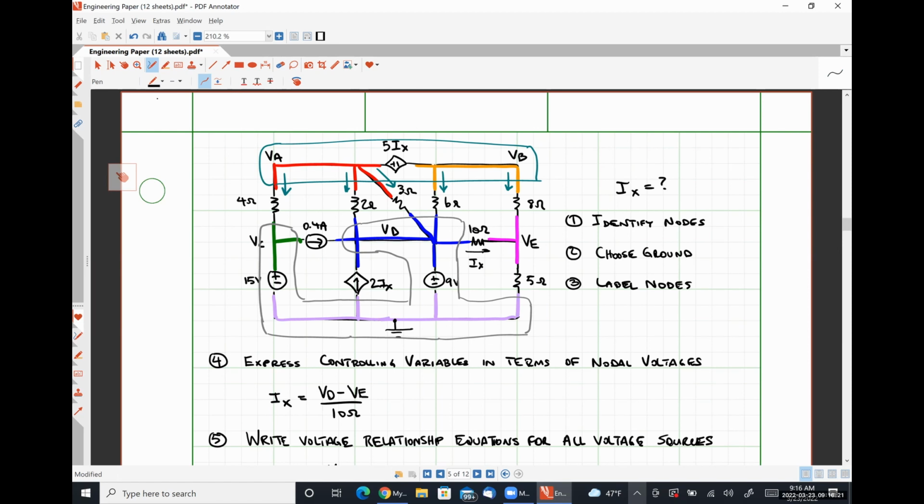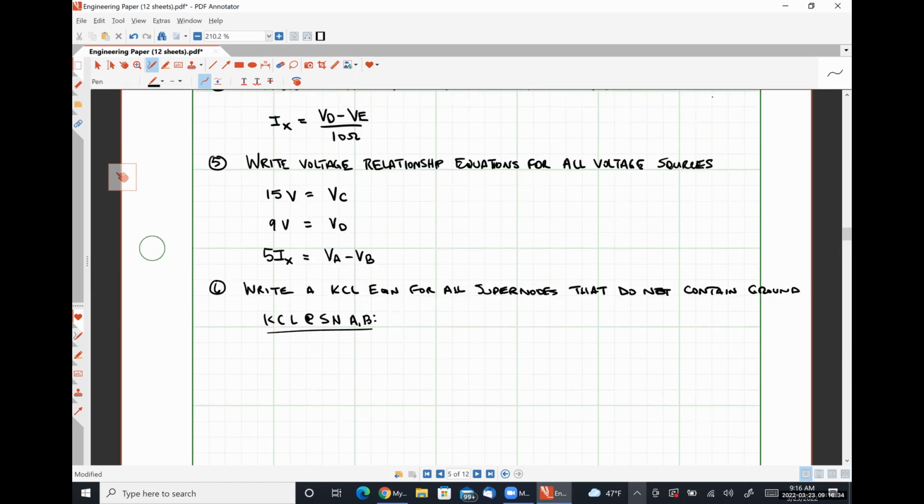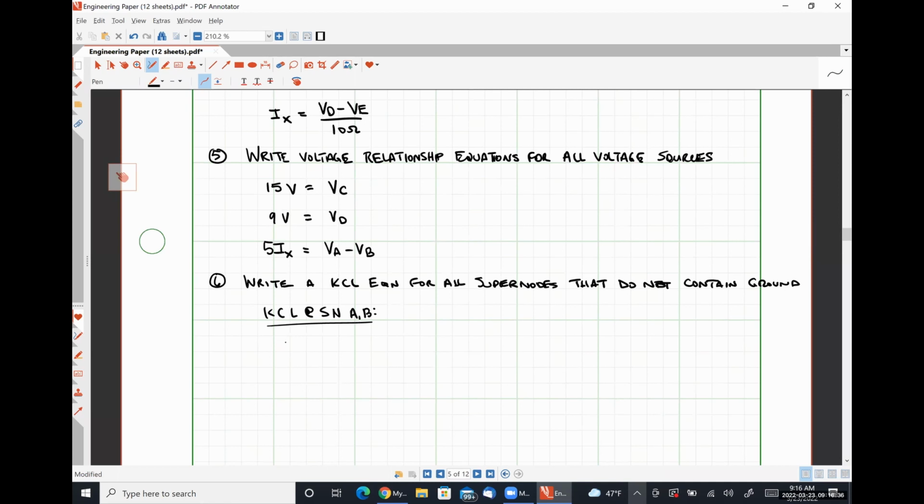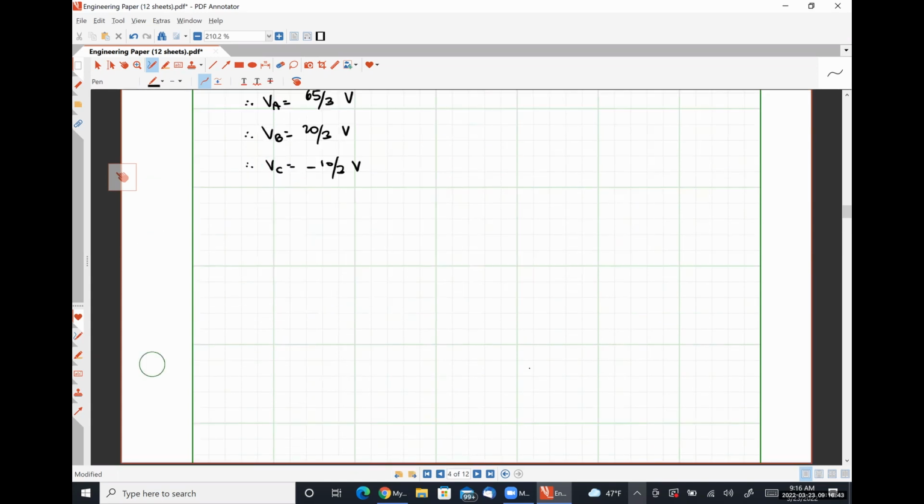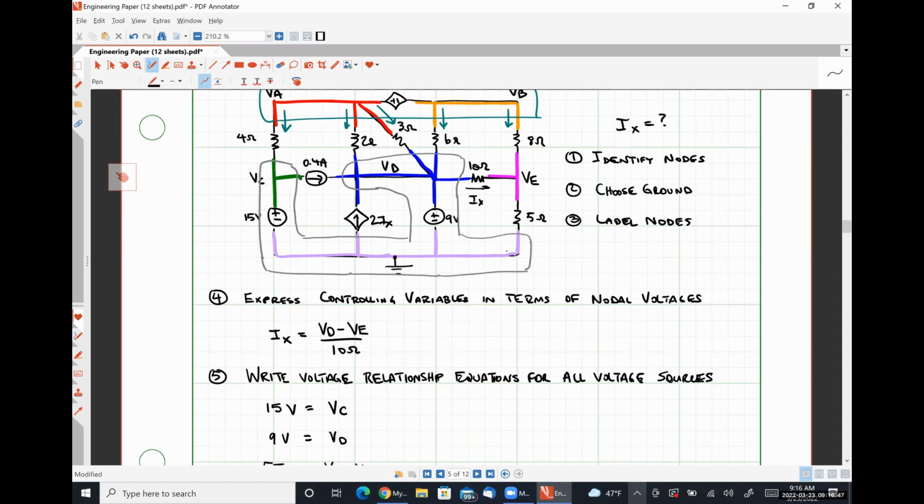So let's start on the left-hand side and work our way to the right. What's the current flowing down through the 4 ohm resistor look like? Exactly right. VA minus VC over 4 ohms. The current flowing, sorry, I went slightly too far, down through the 2 ohm resistor.